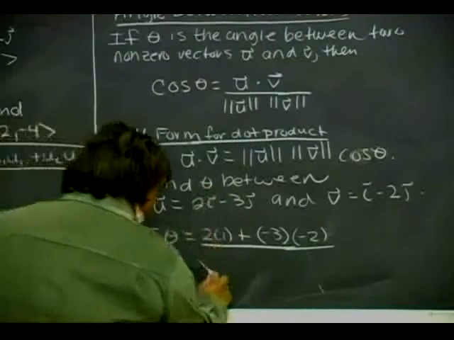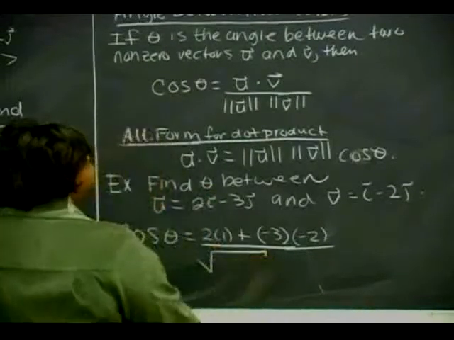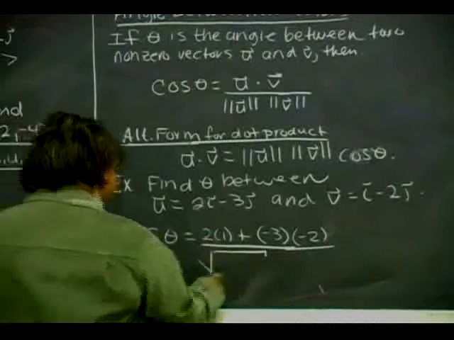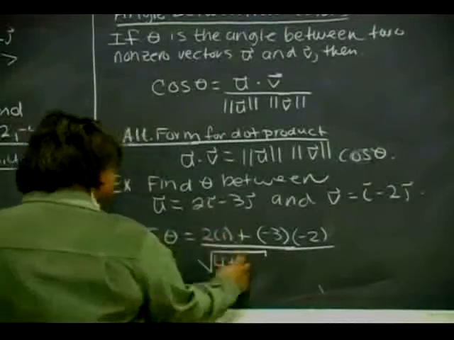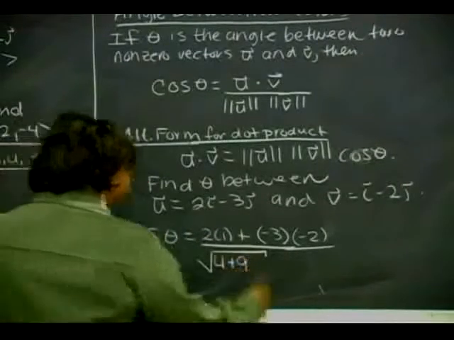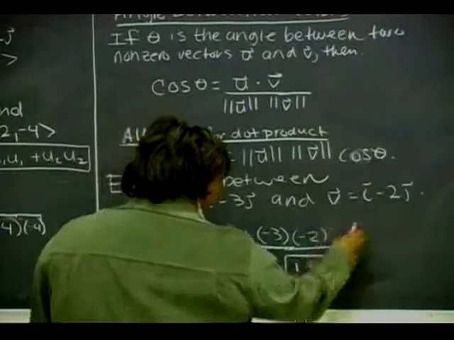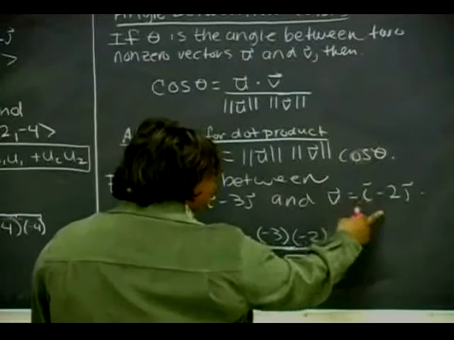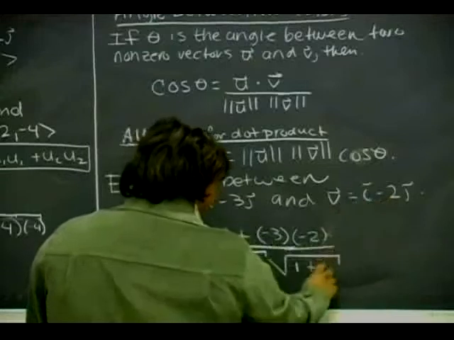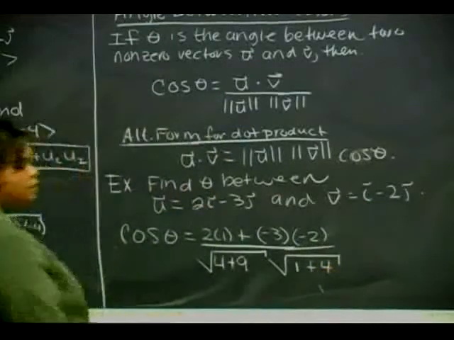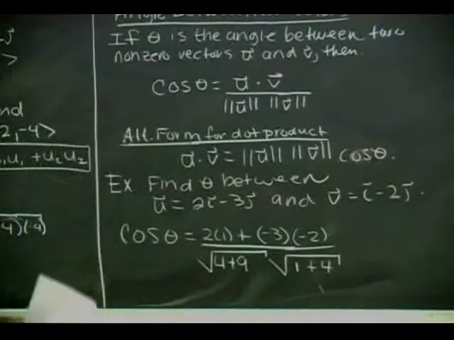What's the length of u? It is u1 squared, which is 4, plus u2 squared, which is 9. The length of v, v1 squared, which is 1, plus v2 squared, which is 4. We square negative 2, we get 4.